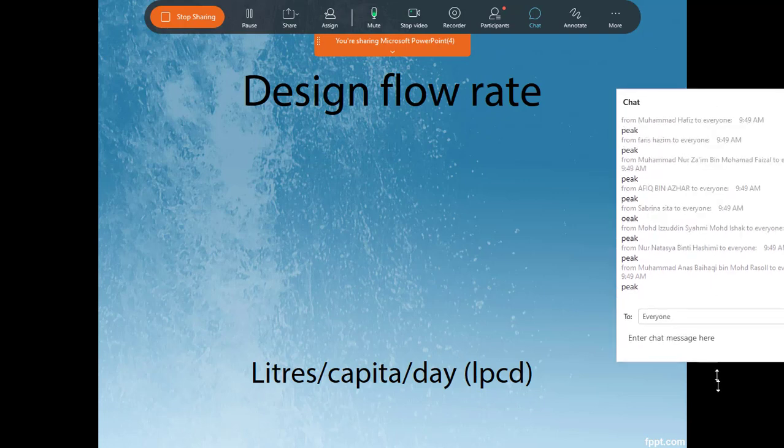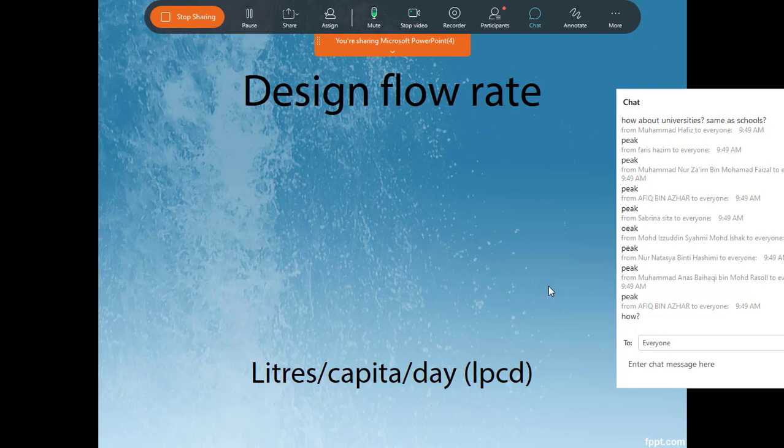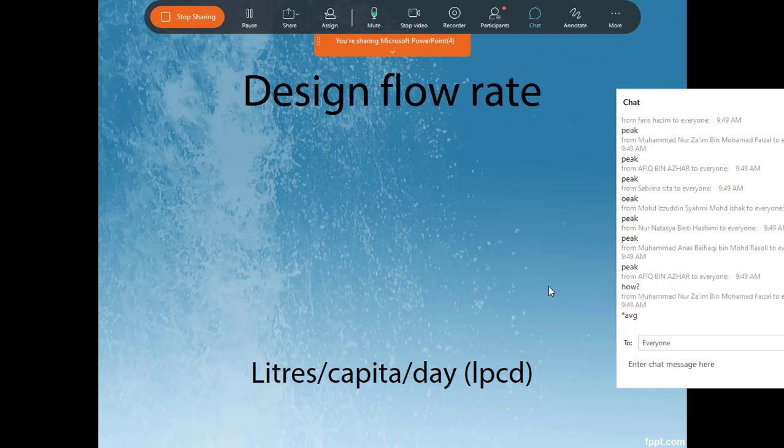The normal value is not the peak, it is the average. Normally we use the average, but for some units or for some calculations we use the peak. How? I will tell you how.